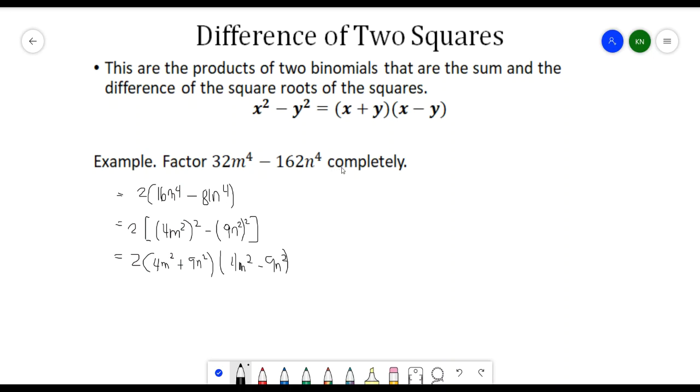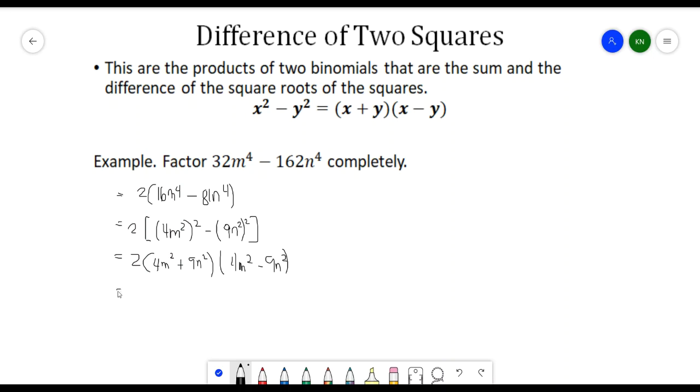As our problem says we need to factor this completely, if you can still simplify the expression, you need to do so. This one is an operation of plus, meaning you cannot factor it anymore. For this one, this is minus, meaning you can still factor this one out.